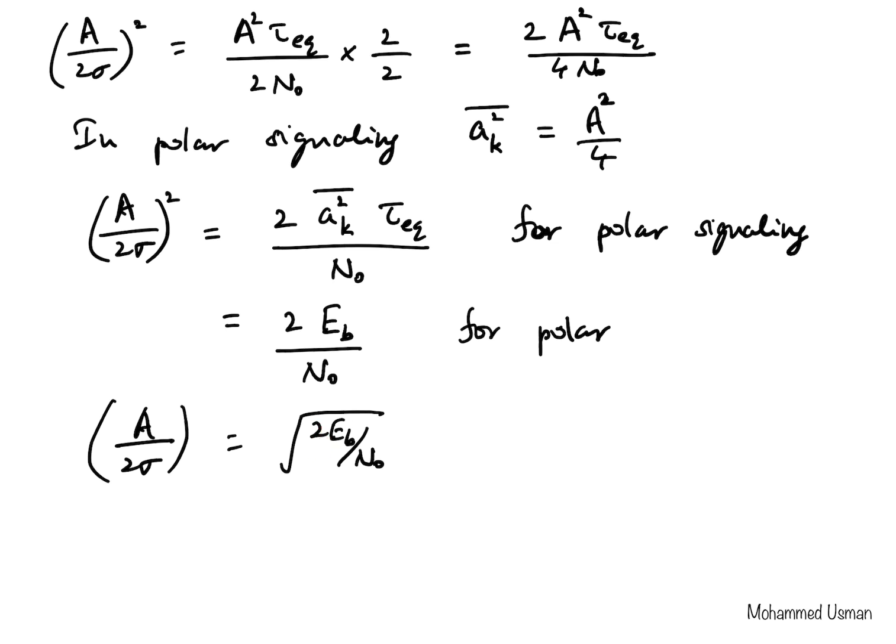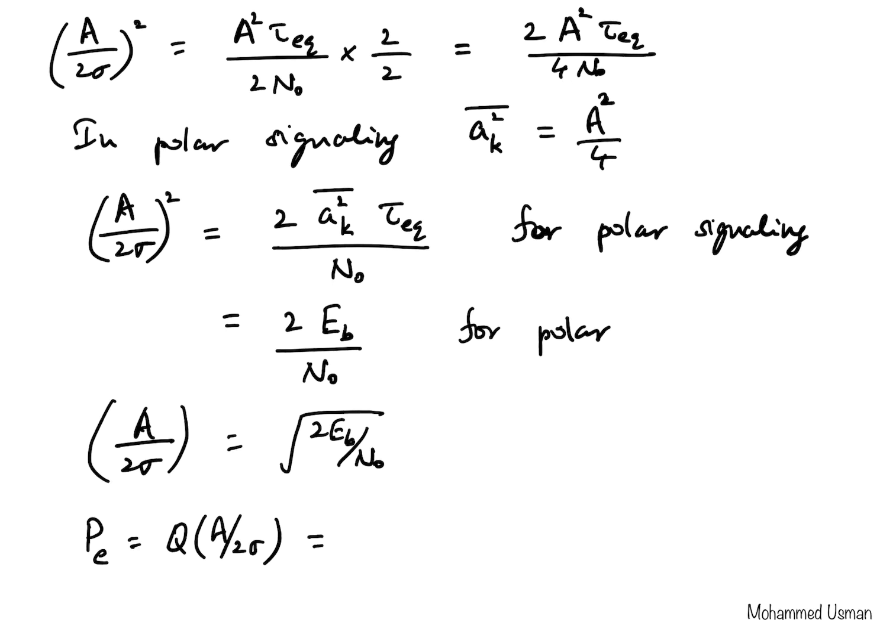So in polar signaling, there is an SNR improvement of a factor of root 2, as we have seen earlier also when we analyzed it using a by 2 sigma. So that relationship remains the same. So we see that polar signaling has an advantage even in the bit energy to noise ratio by a factor of root 2. So if you recall, we had all our error probabilities, PE, denoted as Q of a by 2 sigma for the binary case, right?